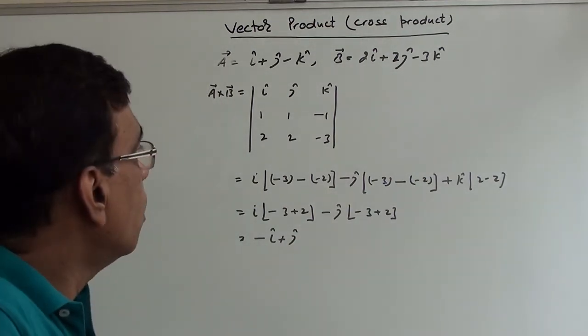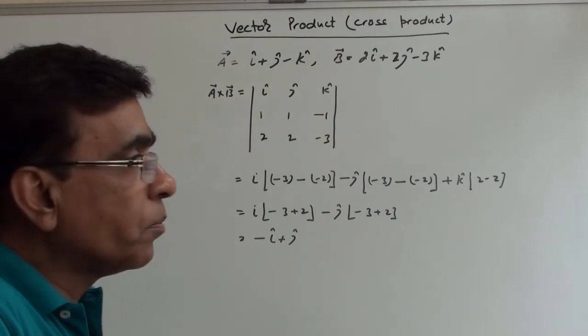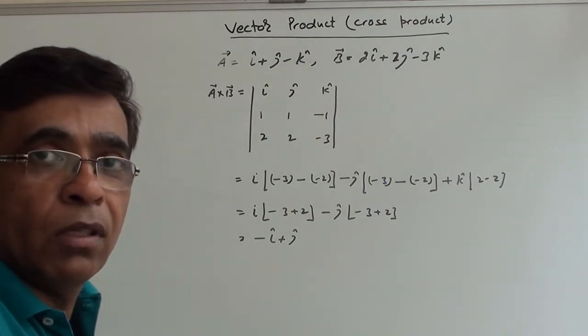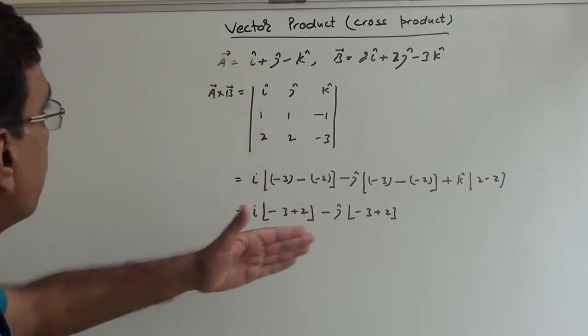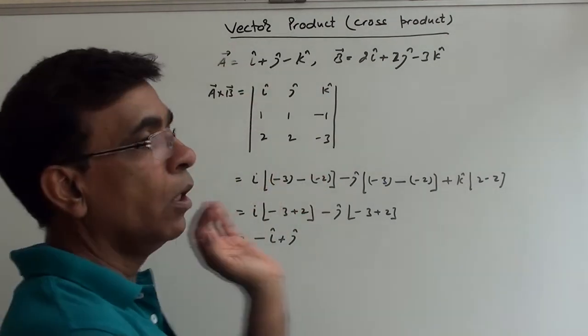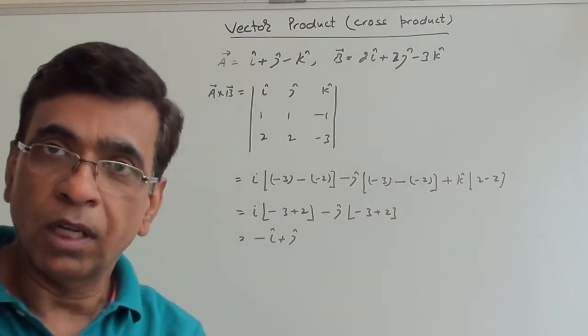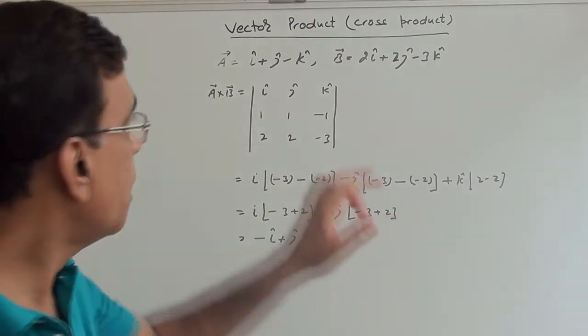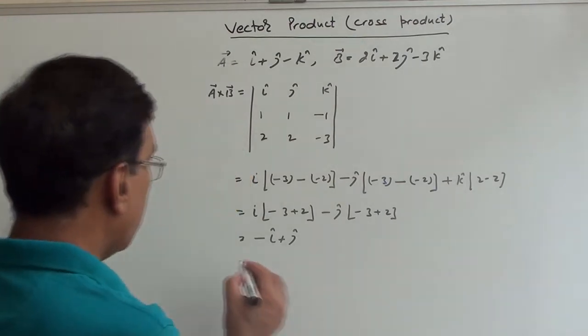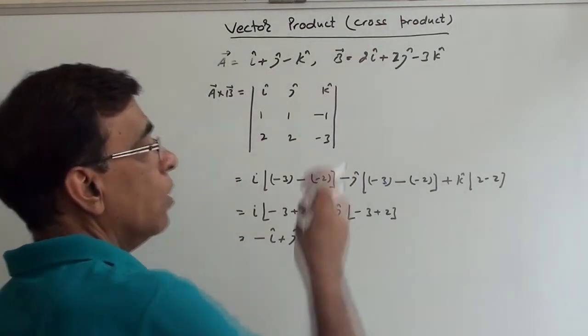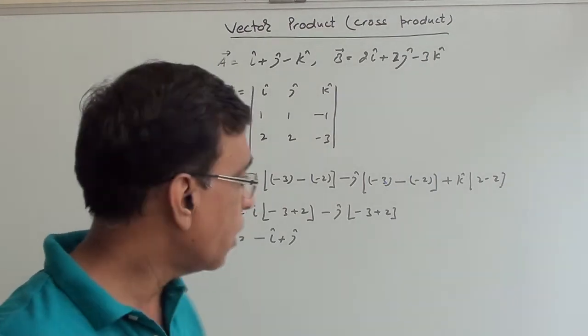So this is how we can find out the cross product. Now I can expand it further. I can say find out the area of the parallelogram of which 2 adjacent sides are represented by it. So I told you initially, how can we find out the area? It is actually the magnitude of the cross product.